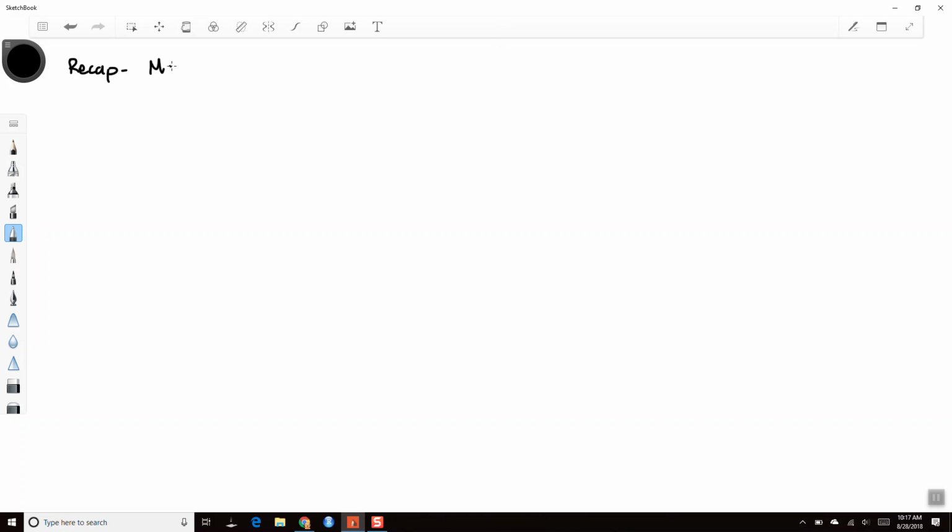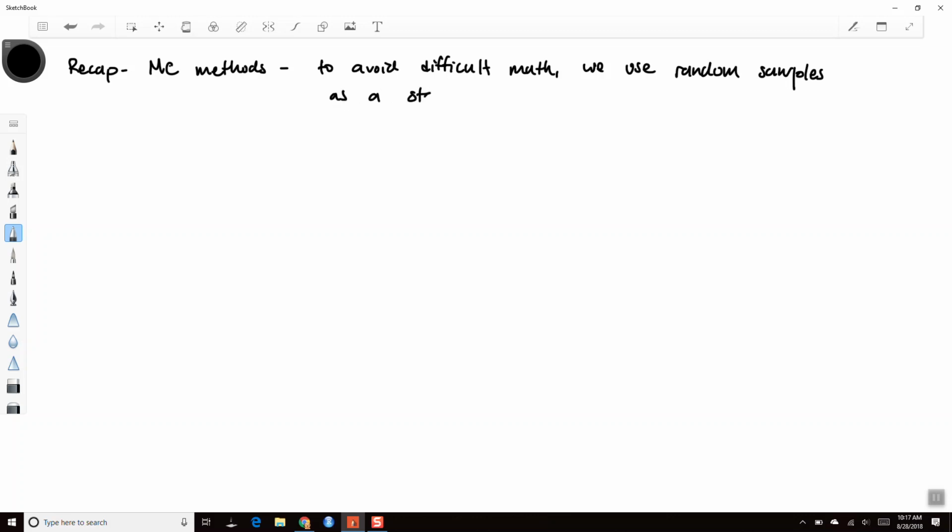All right, so Monte Carlo methods. Basically, to avoid difficult math, we use random samples as a stand-in for a random variable.